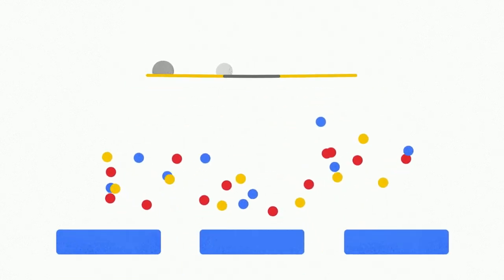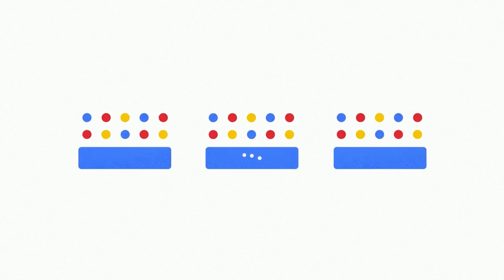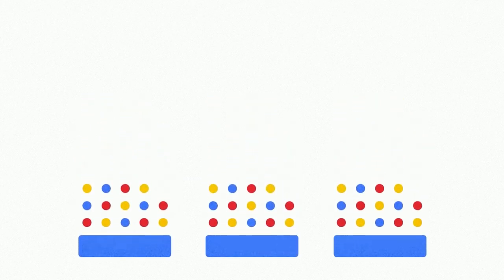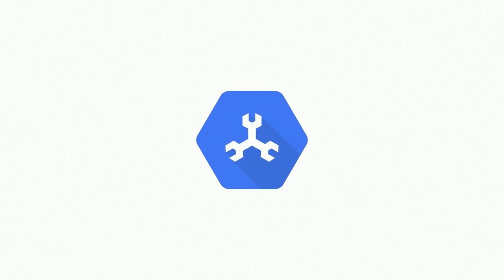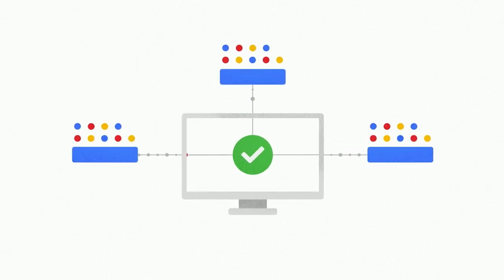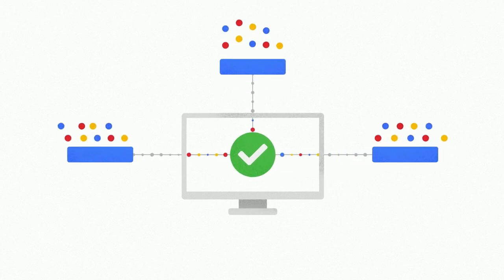But what if you didn't have to make trade-offs? What if you could have a fully managed database service that's consistent, scales horizontally across data centers, and speaks SQL? This is Cloud Spanner, a mission-critical relational database service built from the ground up and battle-tested at Google for strong consistency and high availability at global scale.